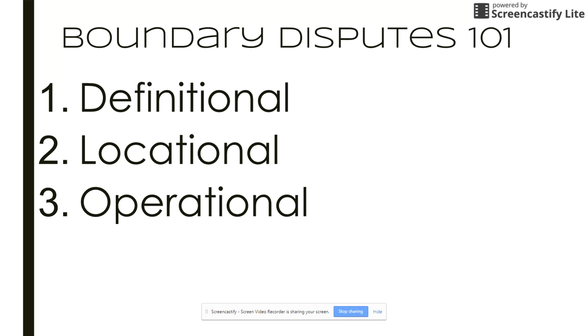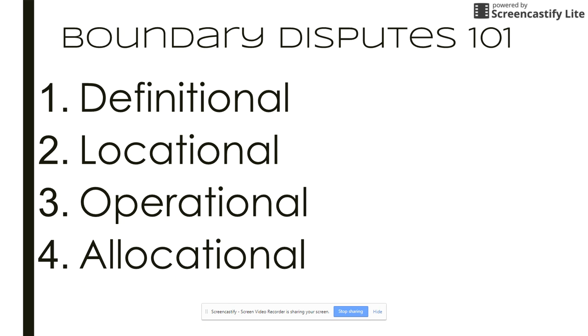Operational really looks at the degree into who is operating that boundary. I think a good example of this would be the United States-Mexico boundary. And really how both countries need to agree on how to patrol the border in regards to how to handle it. And I think that operational boundary dispute is one that's pretty real. And then the last is an allocational boundary dispute, questioning the use of the actual boundary, whether it is Antarctica and trying to look at the use of the natural resources, or whether it's an ocean.